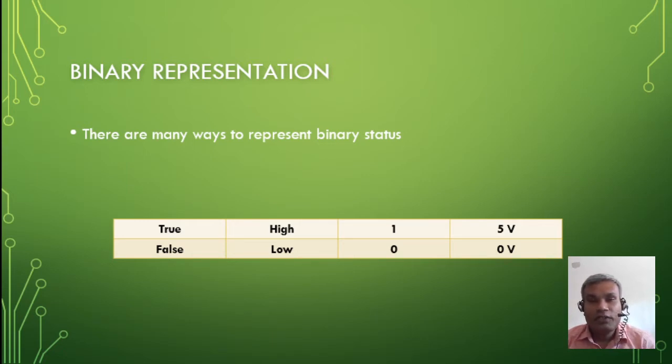So the usual attribution is 1 is true and 0 is false. And if you are using voltage levels, you can say 5 is the true or the voltage high value and 0 is the low or the false value. There are exceptions to these kinds of mappings. For example, you have active low scenarios and you can have different voltage levels. But throughout this course, we will be sticking to this particular convention.